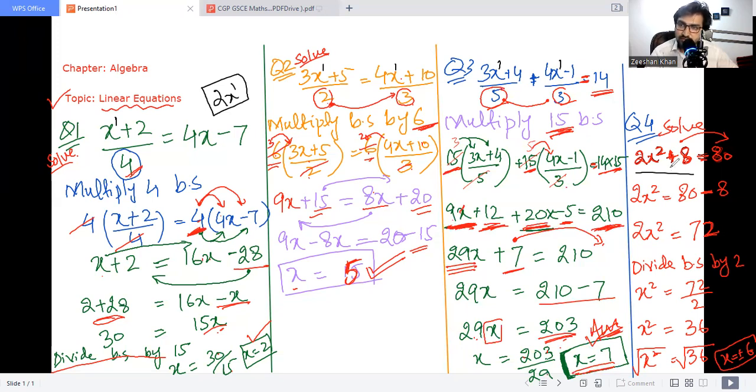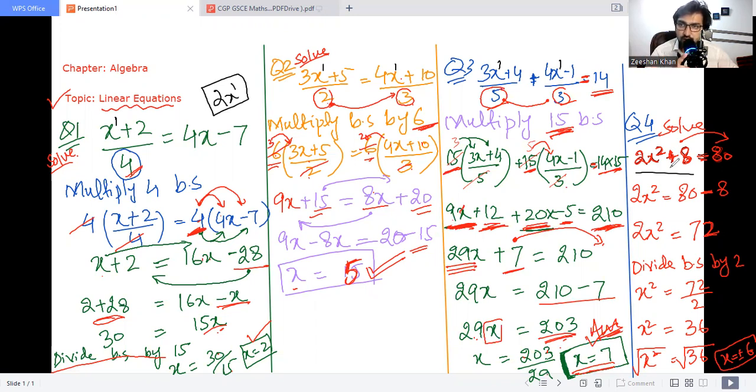There are different methods for that. We will solve quadratic equations after maybe 2 to 3 lessons. I will explain there that there are 3 methods to solve a quadratic equation: by factorization method, by quadratic formula method, and by completing the square method. So these 3 methods we will apply to solve quadratic equations.